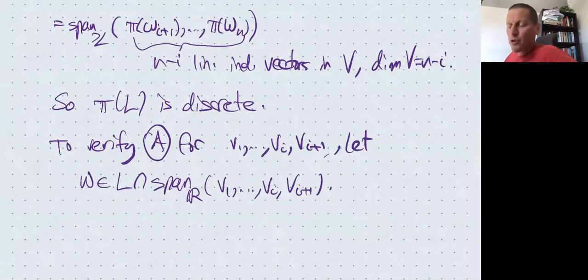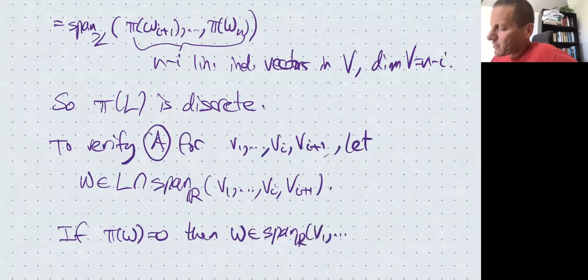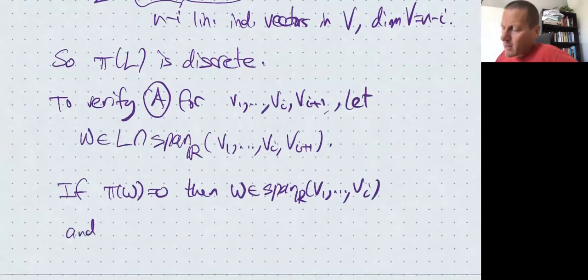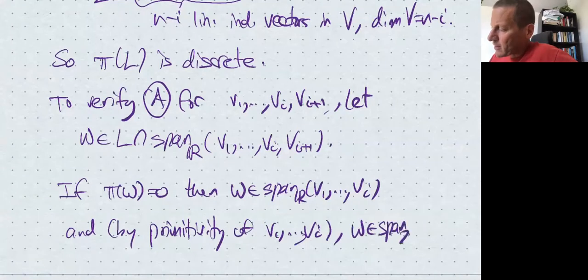Let's first look at the projection of w. If pi of w equals 0, then w was actually in the span over R of v1 up to vi. And by primitivity of v1 up to vi, w was in the Z-span of v1 up to vi.